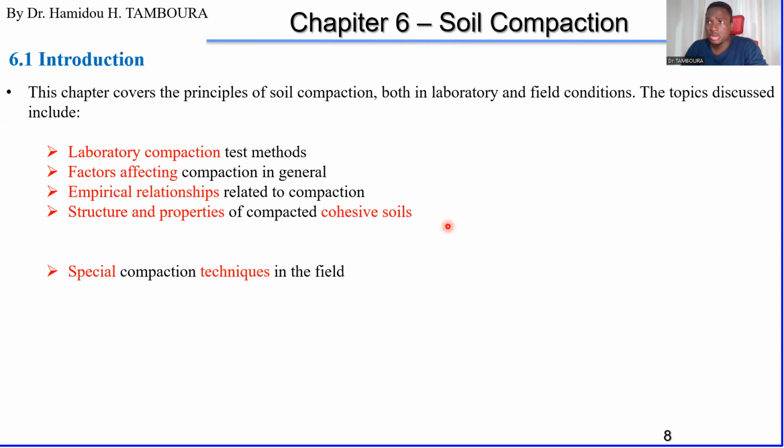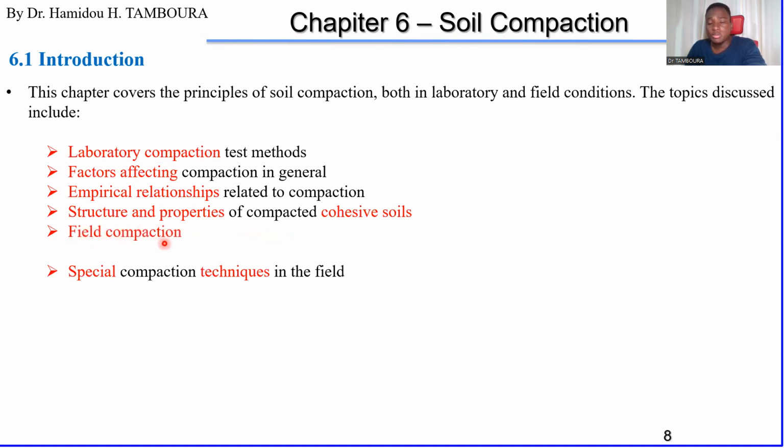So compacted clay is somehow changing. The structure and property are changing. So we need to investigate, we need to study, we need to know the structure and property of compacted clay. So we'll discuss this also in this chapter.